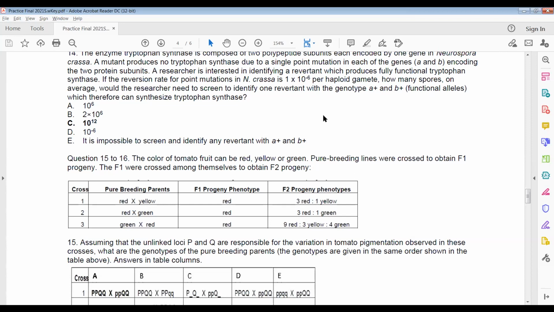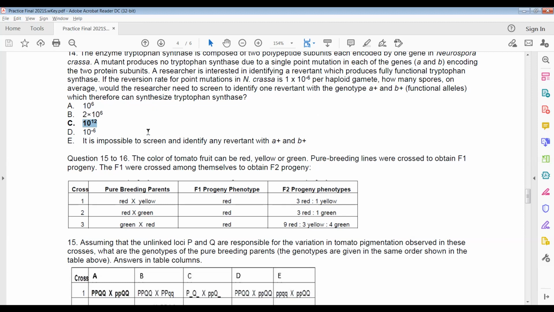But if I ask you in this way, on average, how many progeny are you going to check to identify one single progeny carrying wild type alleles A and B, you have to use 1 over the probability, which is this many progeny.